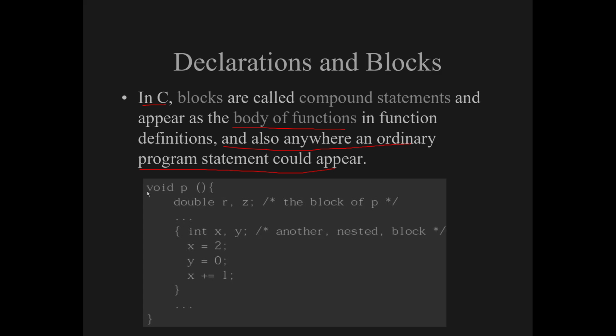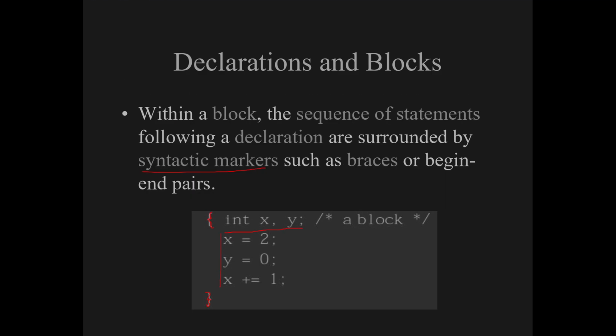So the body of the function P is, as you can see, a block. And then the main block has first declarations, followed by a bunch of computations. And in between those, there's another block, which starts with declarations and then some computation. So yeah, blocks can be nested as well.